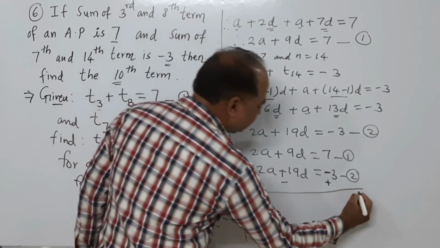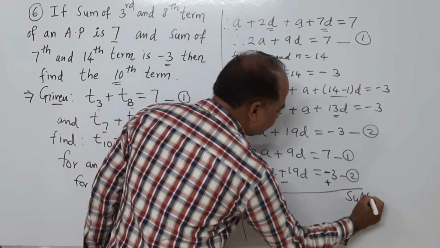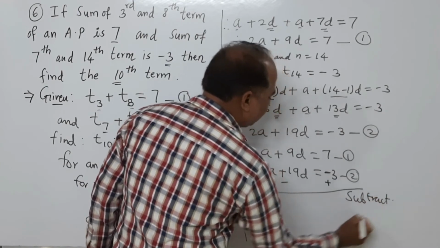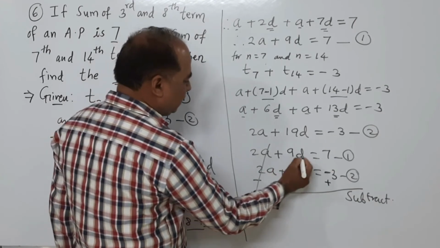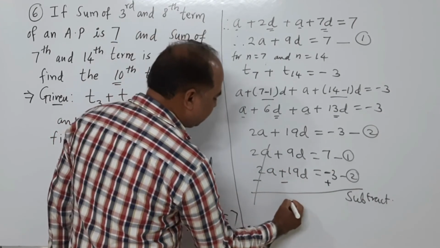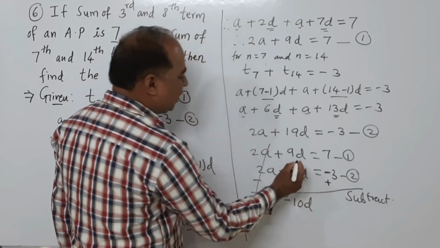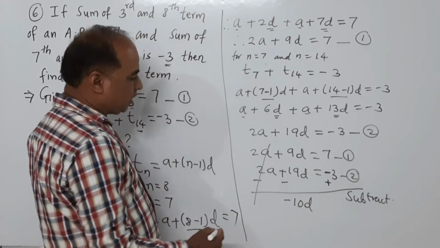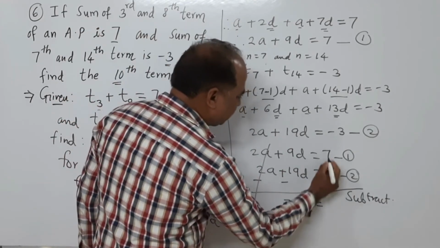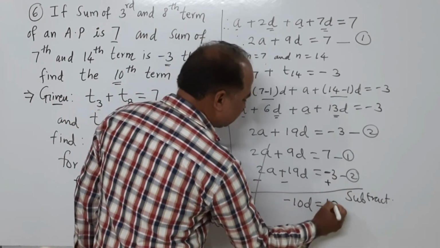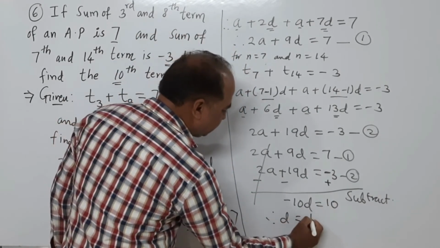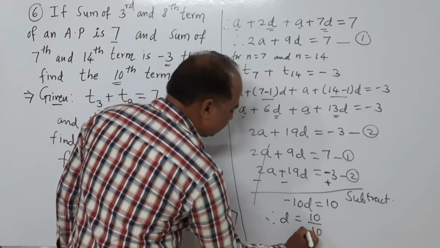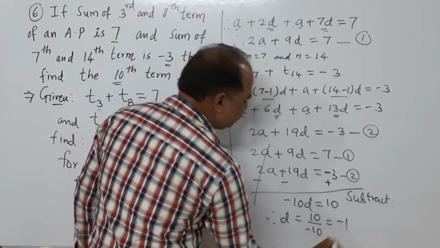So 2a minus 2a will get cancelled. 9d minus 19d is minus 10d, which is equal to 7 plus 3, which is 10. Therefore d is equal to 10 divided by minus 10, which is equal to minus 1.